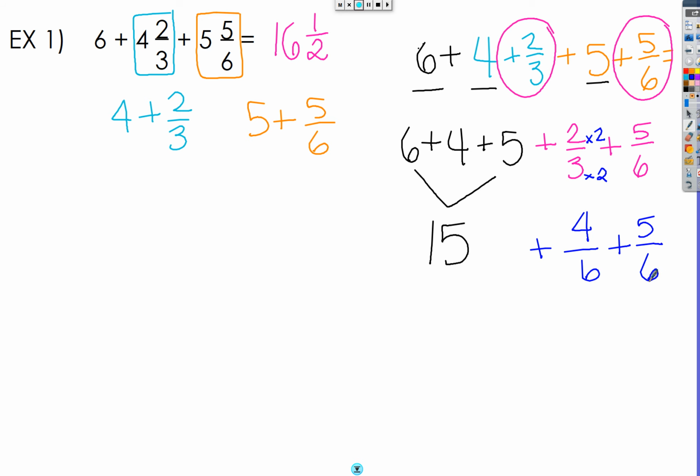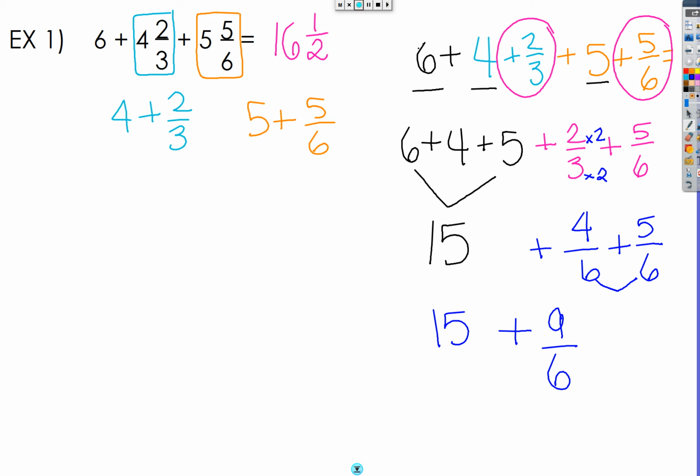So I rewrote my whole entire problem. Now I'm going to be adding together my fractional pieces. And so this problem gets us 15 plus 9/6. So common denominator means we keep it common when we add, and then we just add the numerator.